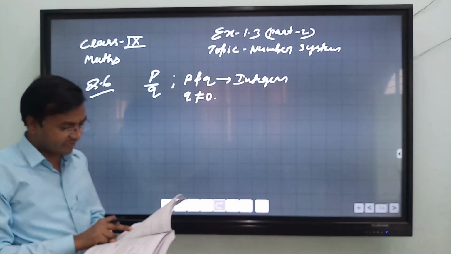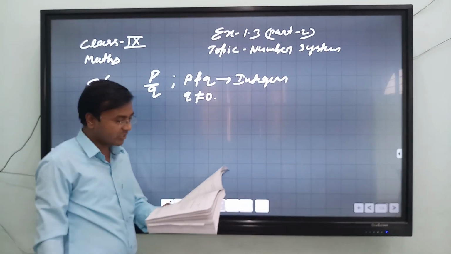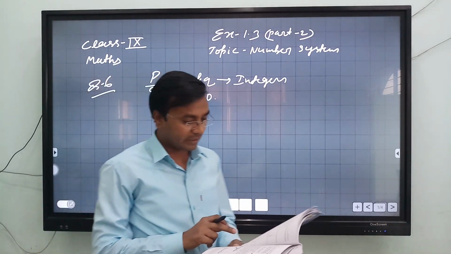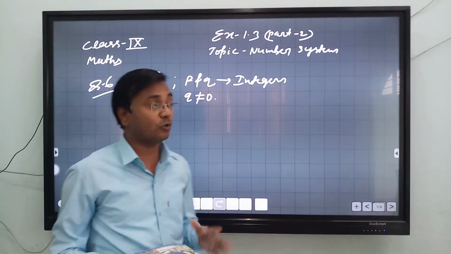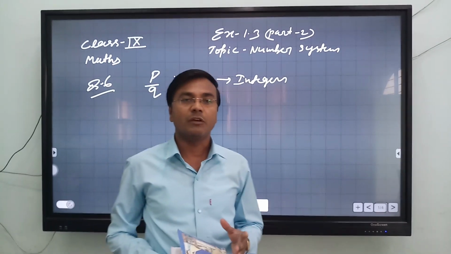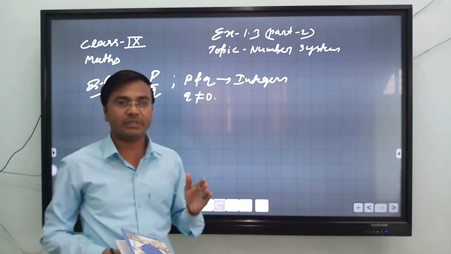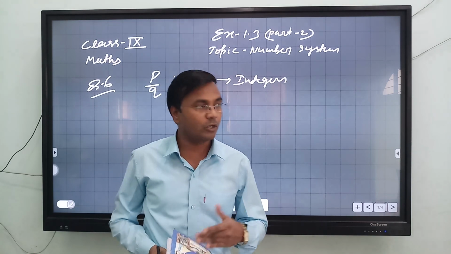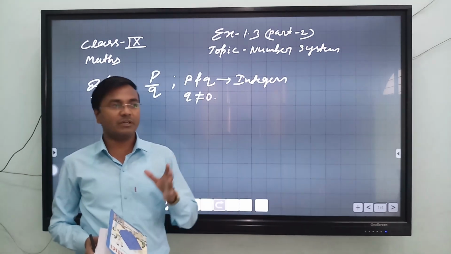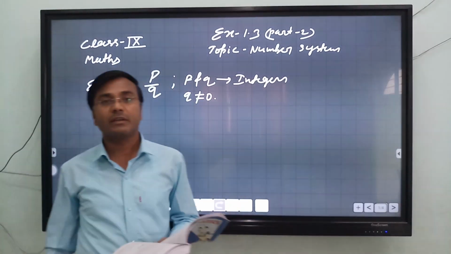So we have to write several examples of rational numbers, with no common factors other than 1. That means we have to write those rational numbers which cannot be divided further, that is, the HCF of both the numbers is 1, or in other words the fraction should be in simplest form, which cannot be divided further.